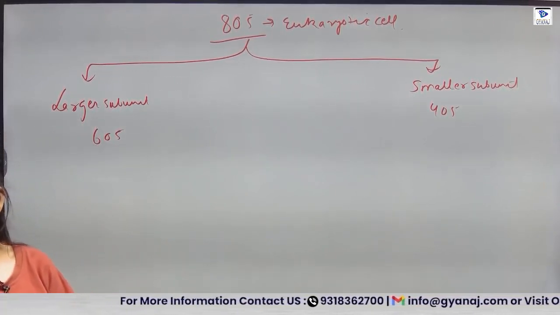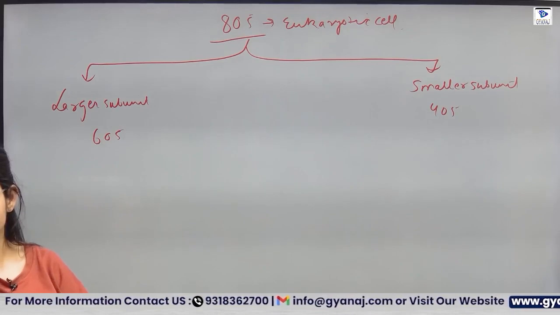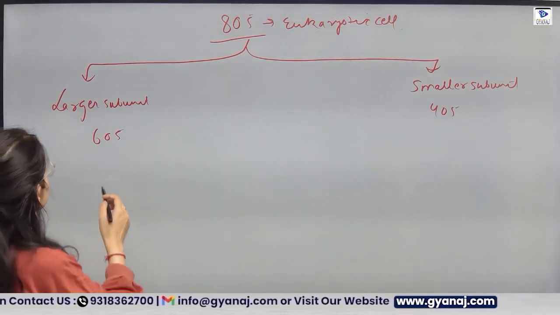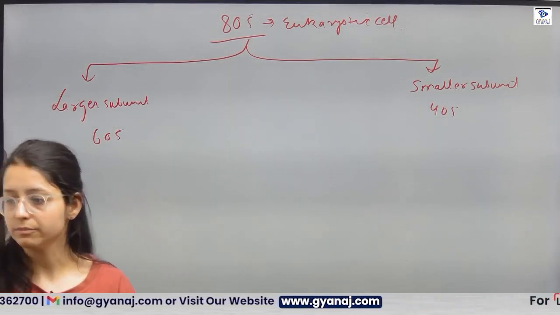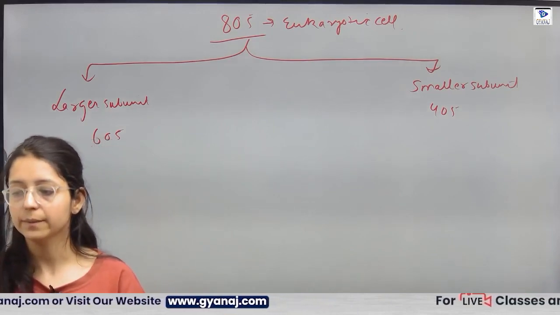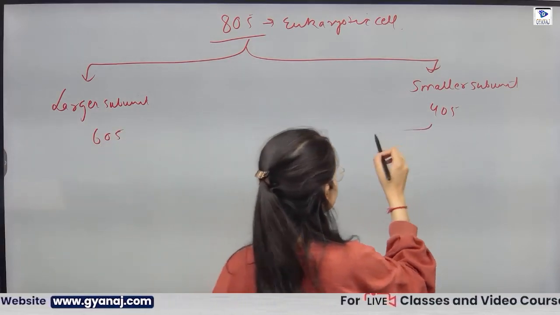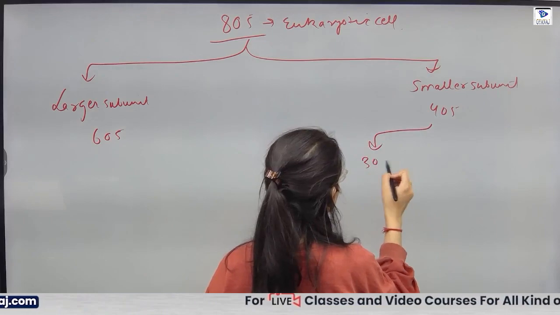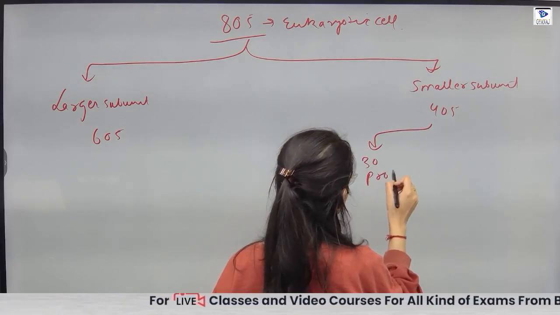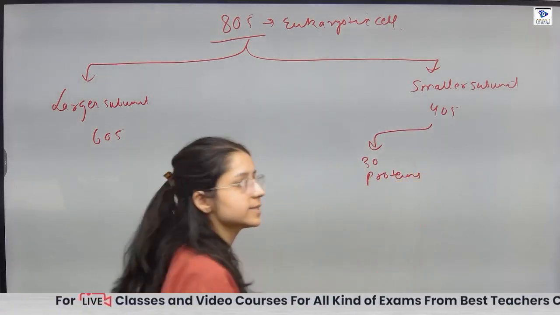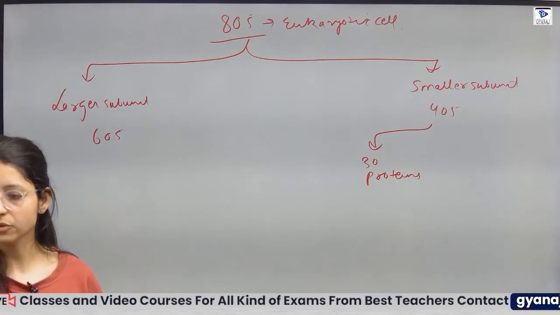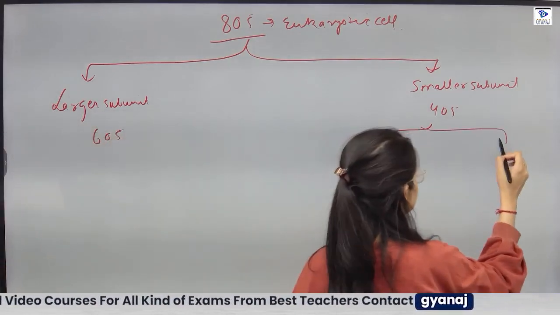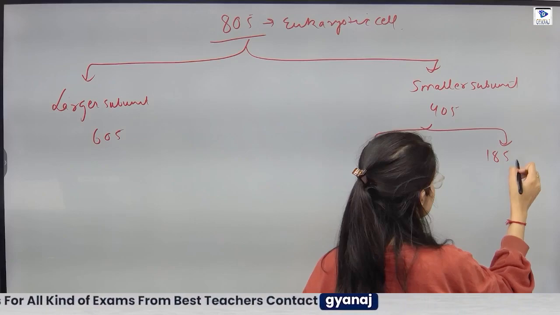So the 40S is made up of 30 proteins as well as the 18S RNA.